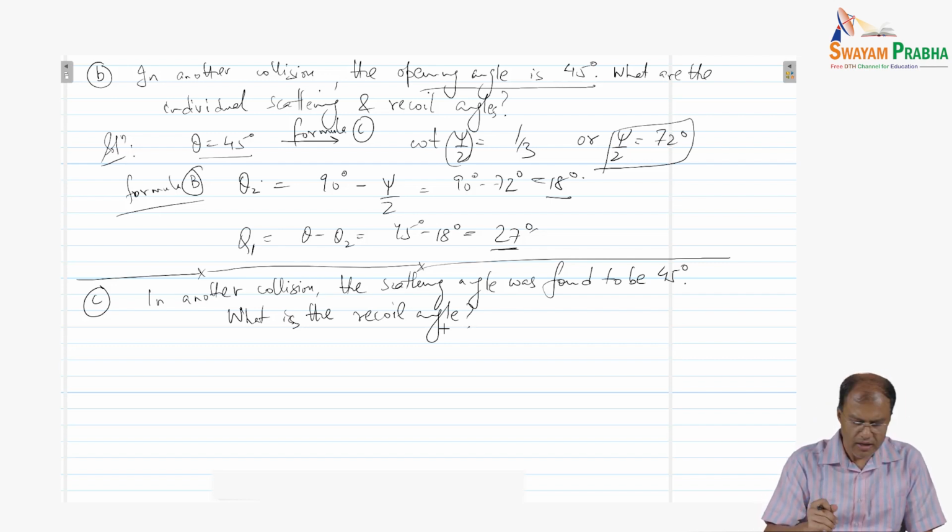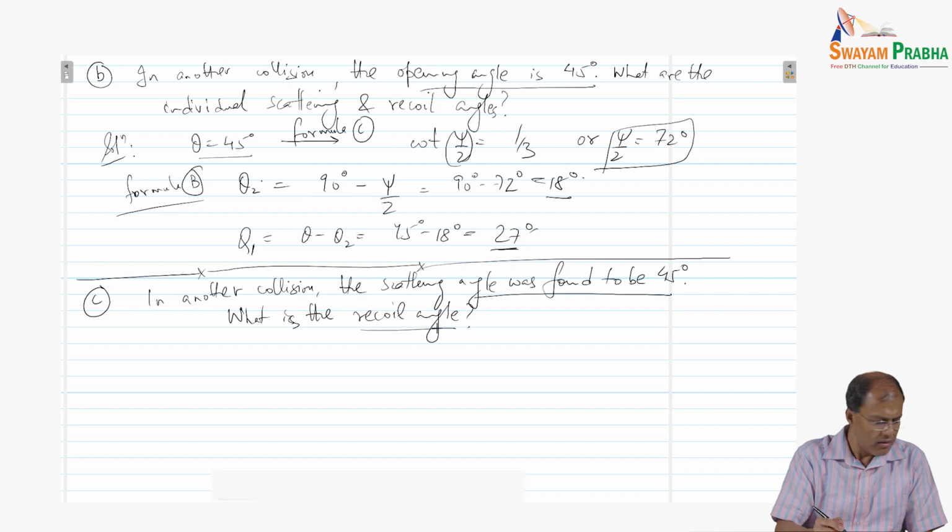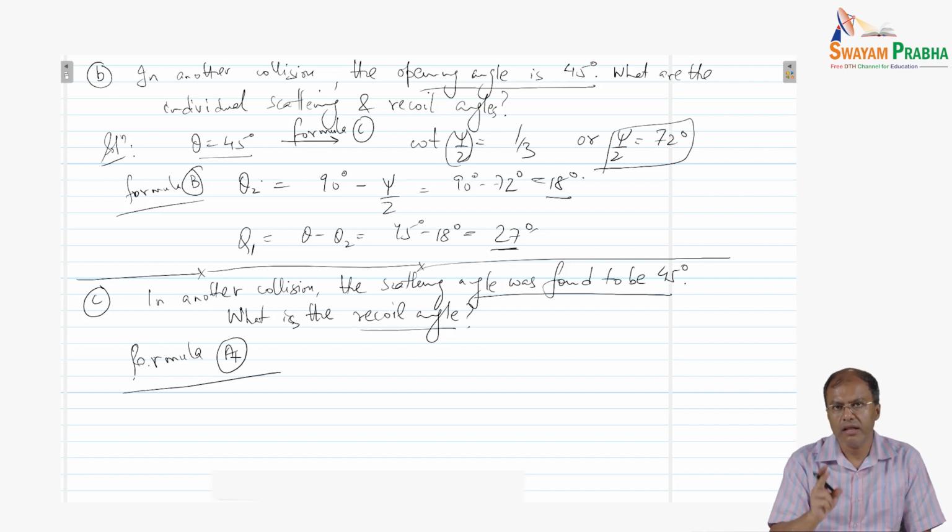The scattering angle means the angle theta 1 is 45 degrees. So again we can use formula A of the scattering angle. Remember, in all these examples, the ratio of the masses gamma is 1 by 2, which is common.